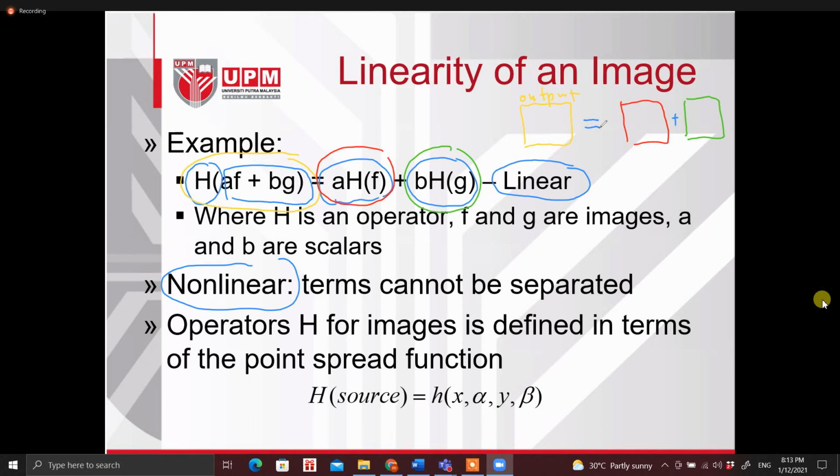Only then can we proceed with all the algorithms and methods in image processing. The images that we are dealing with in our digital image processing class this semester are all linear images.